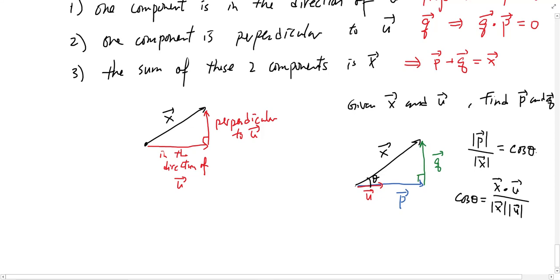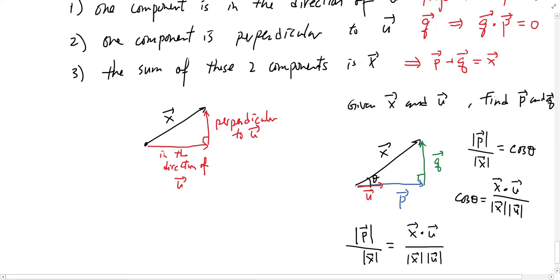And since both of these thetas are the same angle, the length of vector p over the length of x must equal x dot u over length of x times length of u.